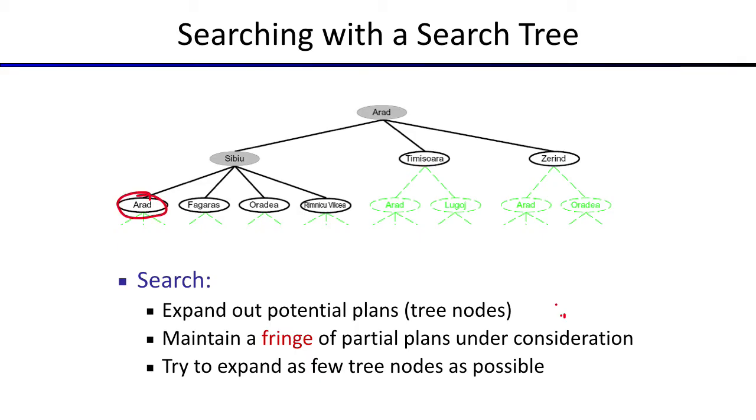This node in this tree has our current state, Arad, but also because we can follow it back up to the root, it has the path we took to get there. And then, again, trying to do this quickly and without taking up too much memory, we attempt to expand as few tree nodes as possible. Hopefully, when you do this, you find a goal long before you expand the entire tree.